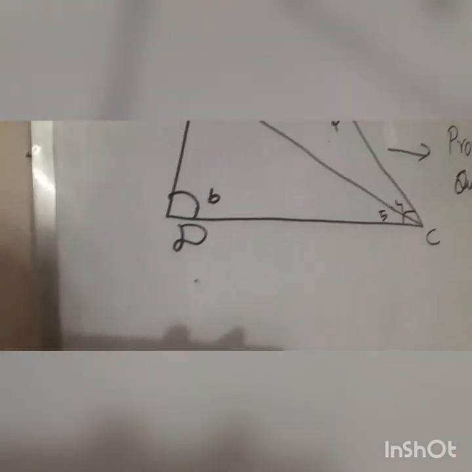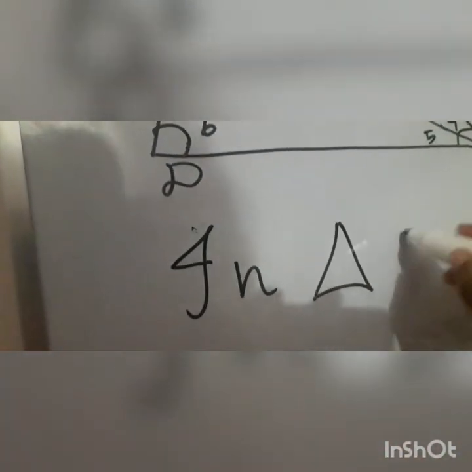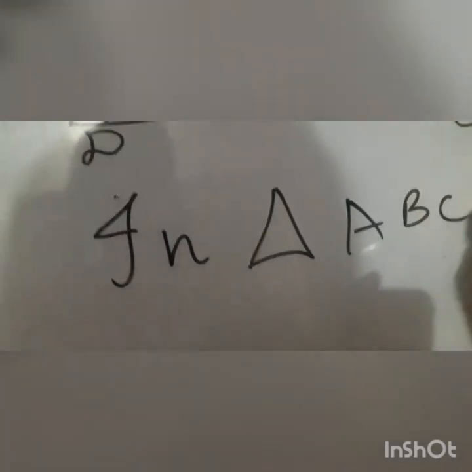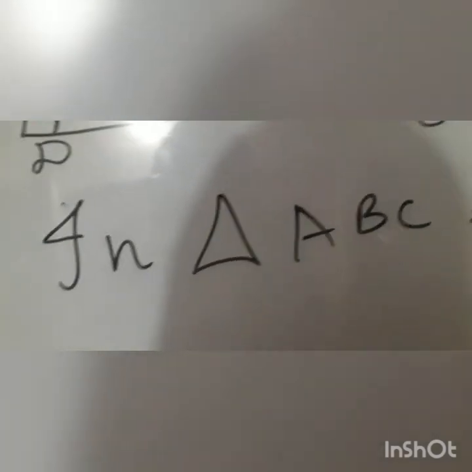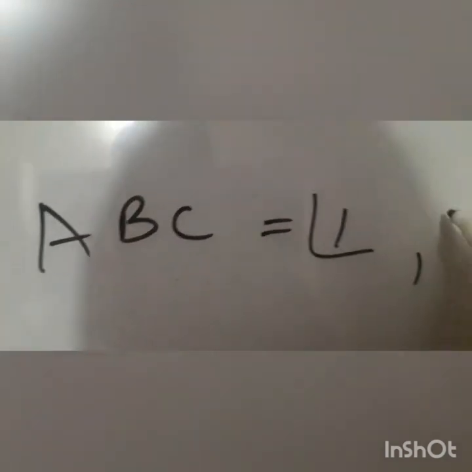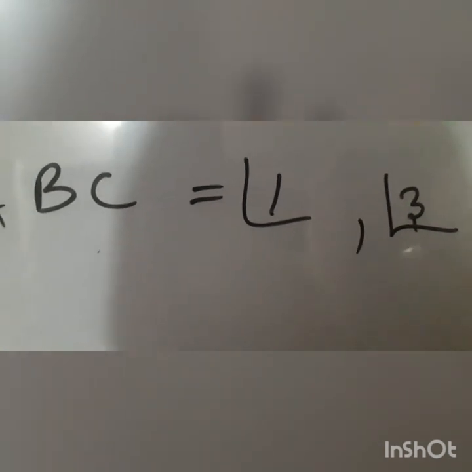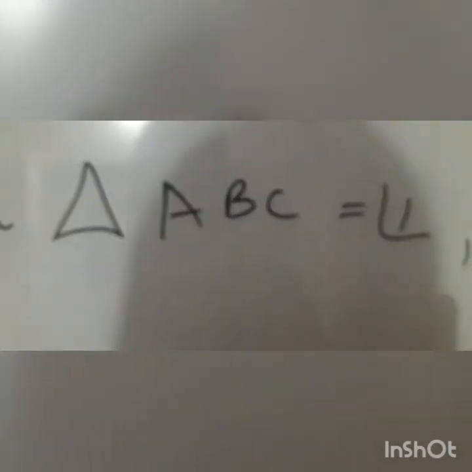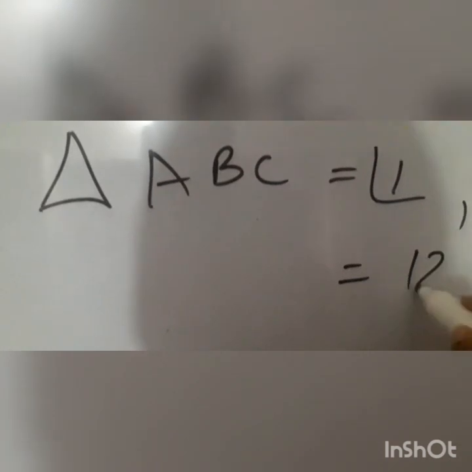So we can take like that, right? So in triangle ABC, the angles 1, 3 and 4 add up to 180 degrees.